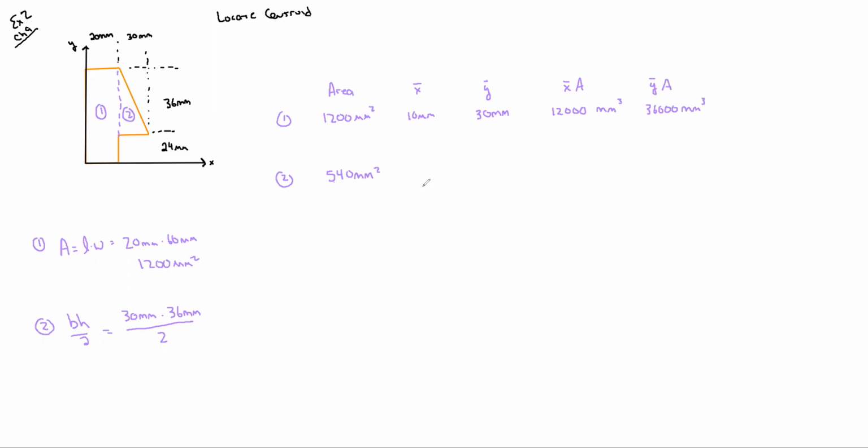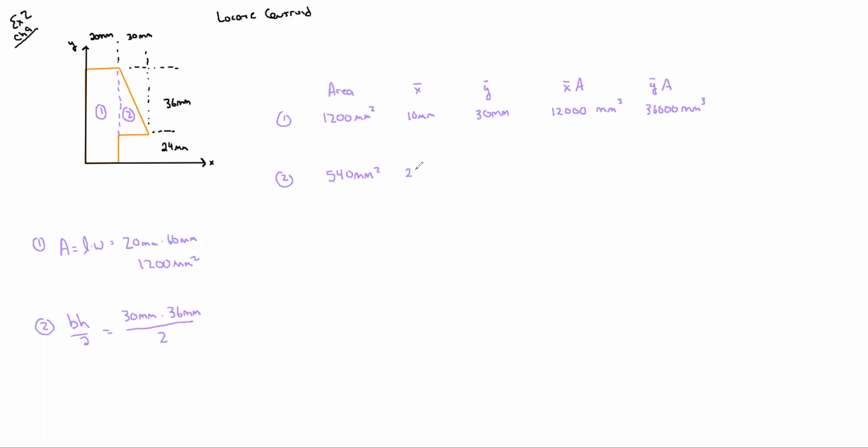All right, x bar for the triangle. Looking at table A1 on page 454, we take 1/3 of the base. It says b divided by 3. So the base is 30, divided by 3 is 10, but we start from the origin. So it's 20 plus that 10. Let me write that over here.